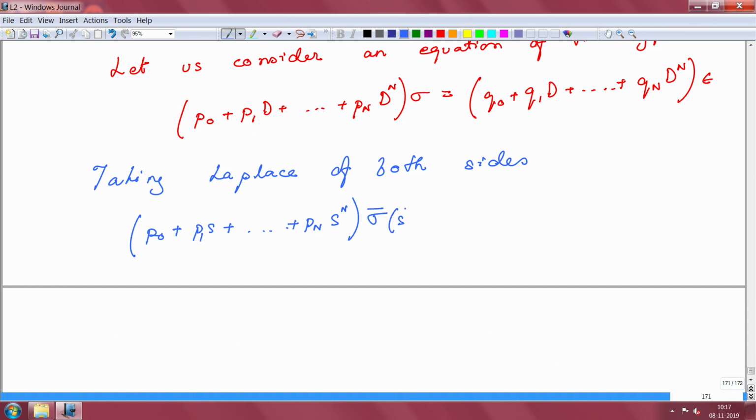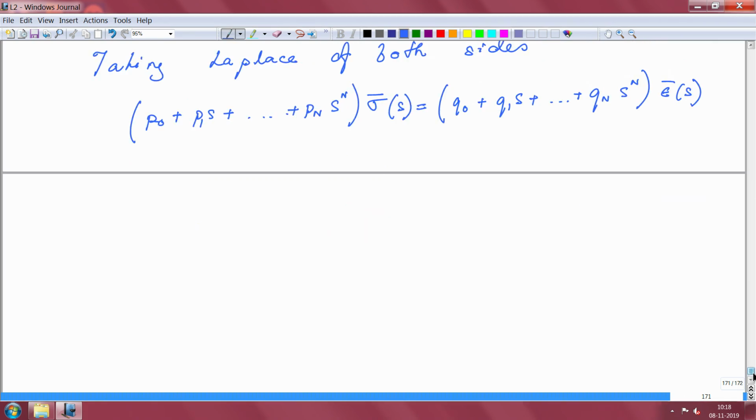Now, this is in the Laplace domain, so I will write sigma bar s, and on this side you will have q 0 plus q 1 s, the same way till q n, where the differential operator becomes s to the power n, times epsilon bar s.